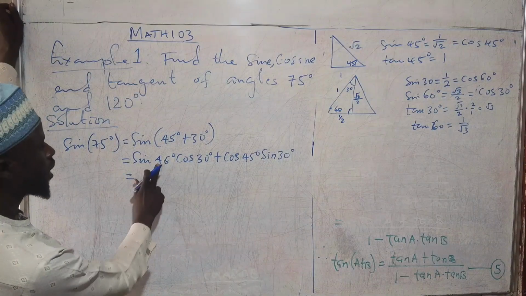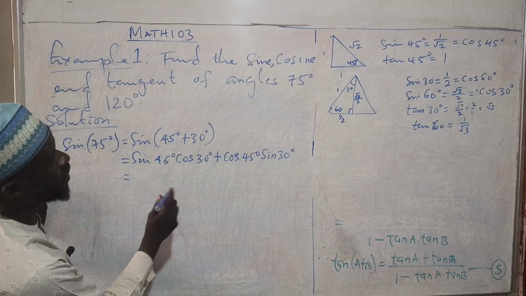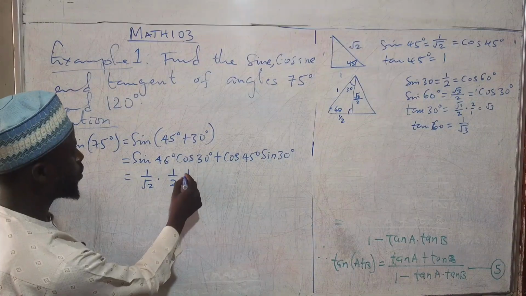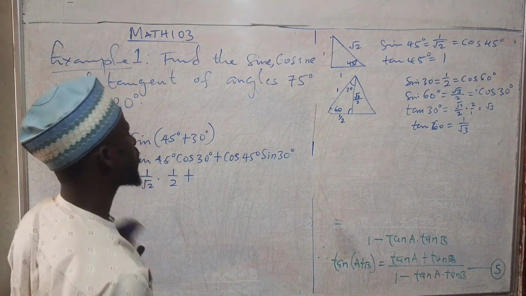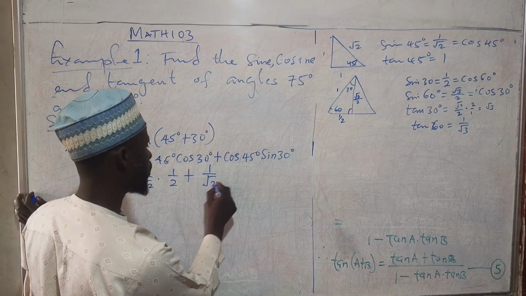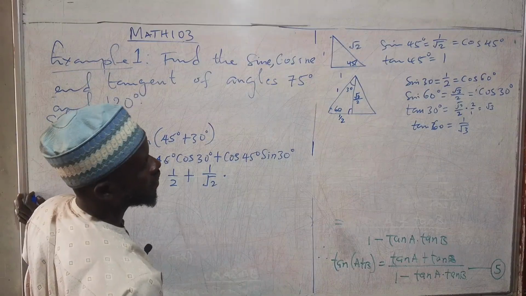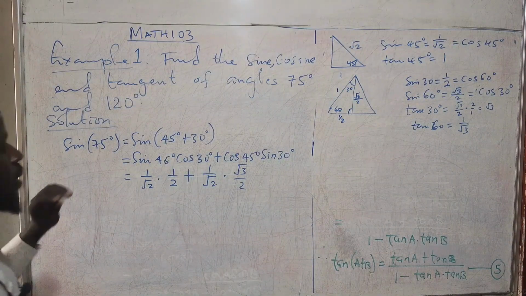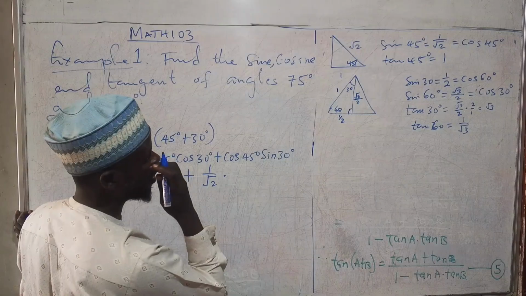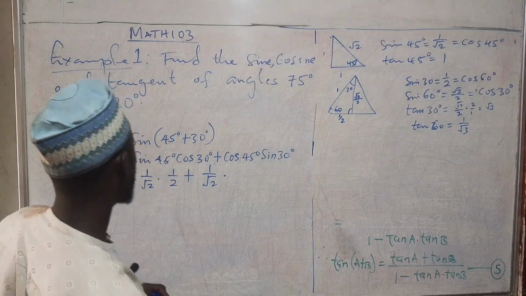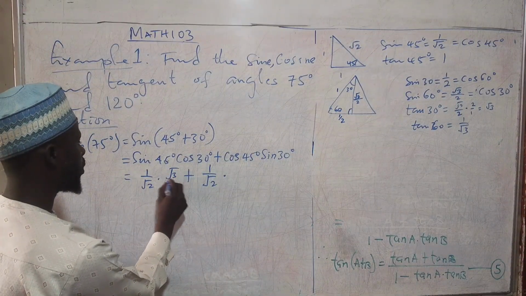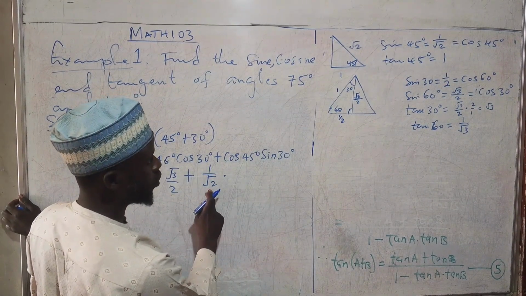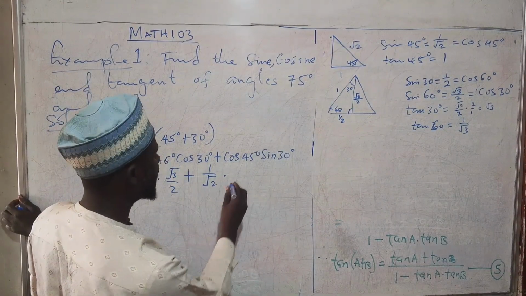From there, sine 45 is 1 over root 2 times cos 30, which is root 3 over 2, plus cos 45, which is 1 over root 2, times sine 30, which is 1 over 2.